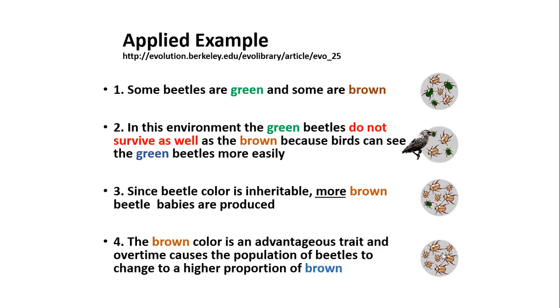And that's advantageous because this environment could change. Let's say rain came and grass grew and the green beetles had a better environment to survive in. Well, then the brown beetles will be easier to see by the birds, so they get eaten. So it's not about eliminating these different traits.